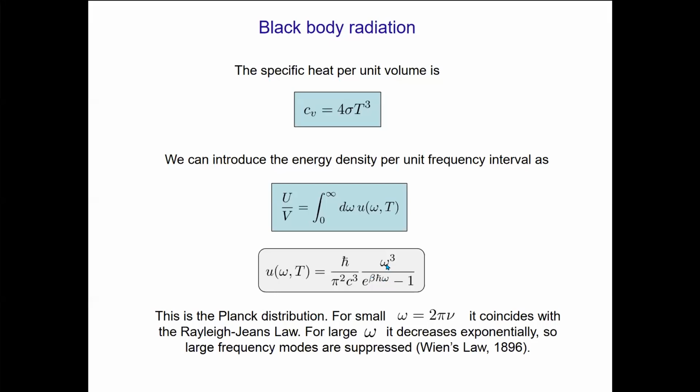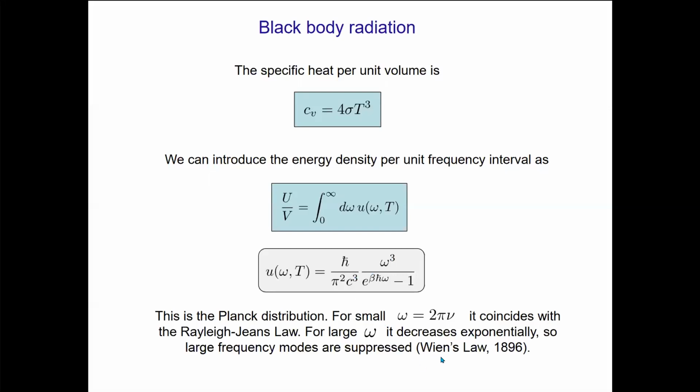There is omega cubed in the numerator, so dividing by omega we get quadratic behavior in the frequency. That's exactly the Rayleigh-Jeans law. But for large omega, it decreases exponentially, as you can see here.